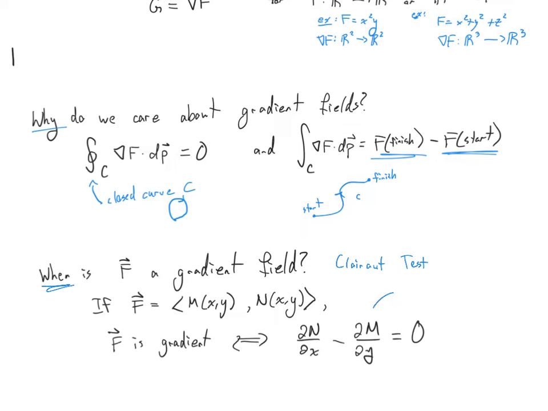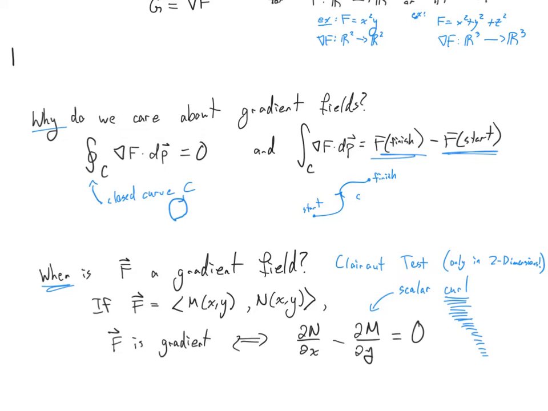We call this the scalar curl. Today's lecture is about the curl. So we're going to talk about that scalar curl and what it is. And I'm going to point out that this Clairaut test was only in 2 dimensions.